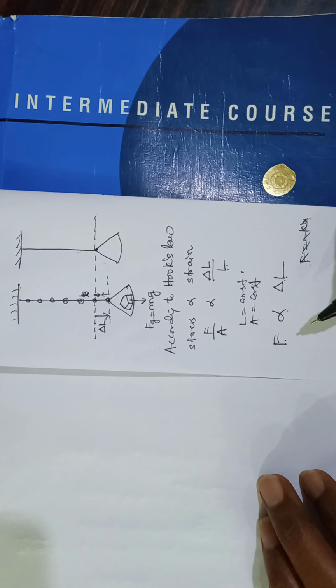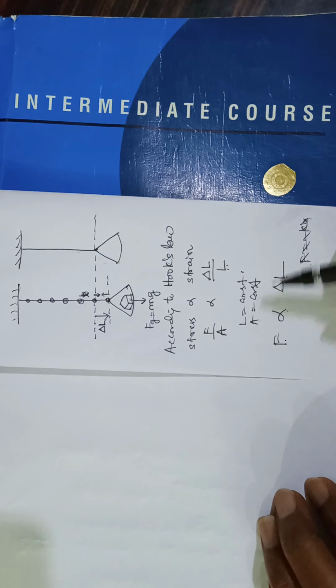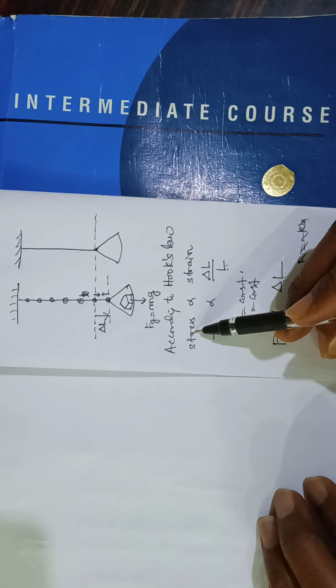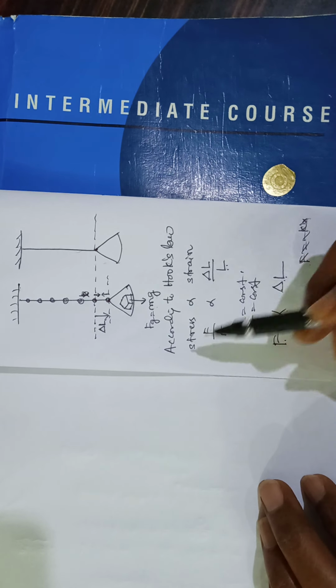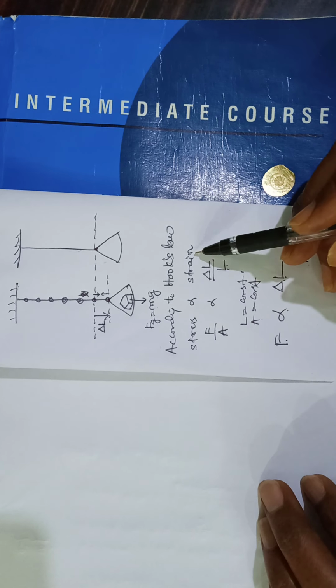While determining Young's modulus, we drew a graph there. On the y-axis we took force, and on the x-axis we took elongation. Actually, on the y-axis stress is taken, and on the x-axis strain is taken.